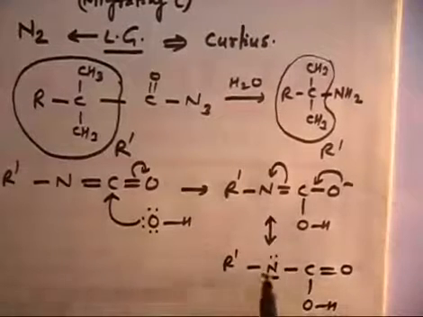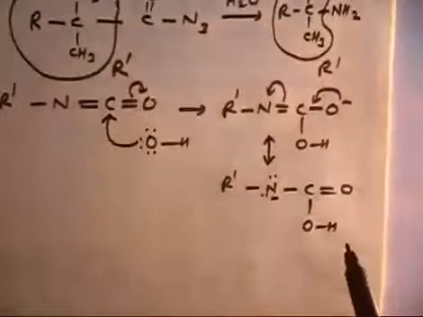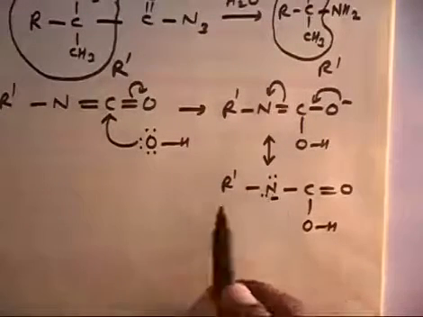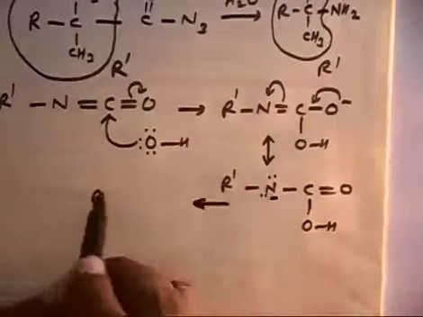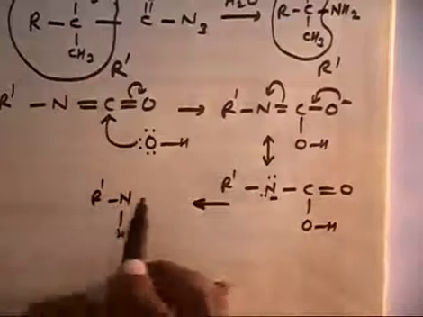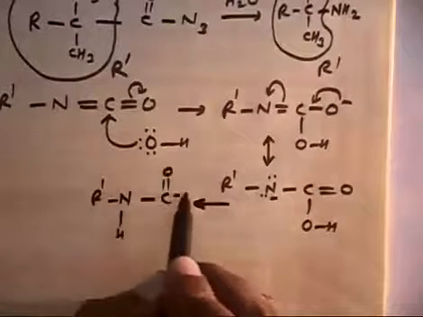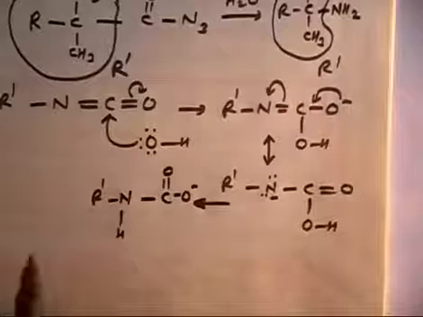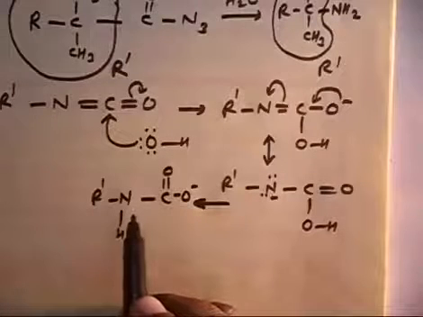Now nitrogen will have a negative charge, so this minus will take H plus from here, so this H plus will go here, so I will have R dash NH CO O minus.